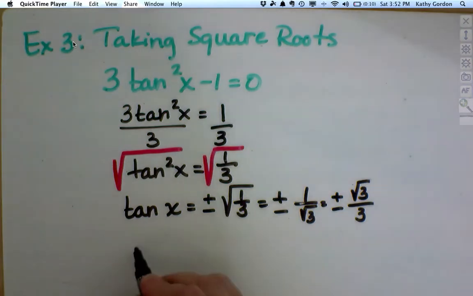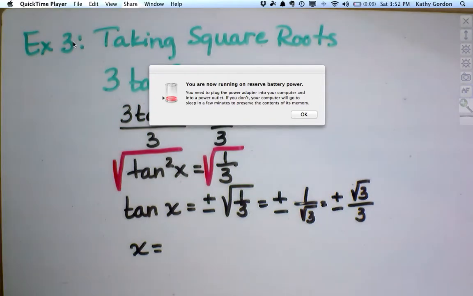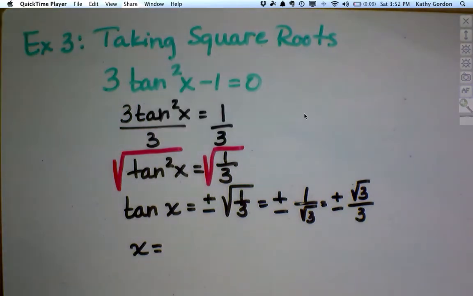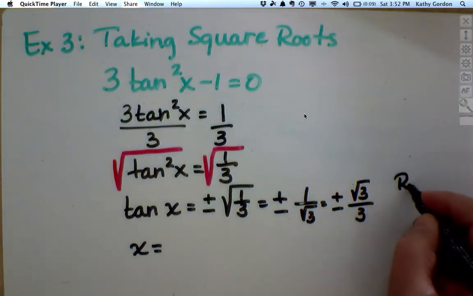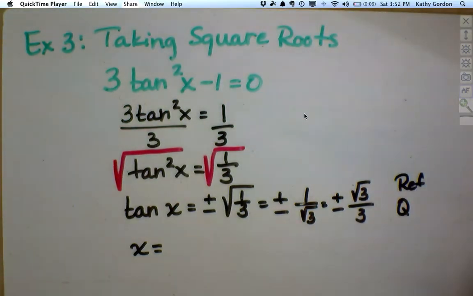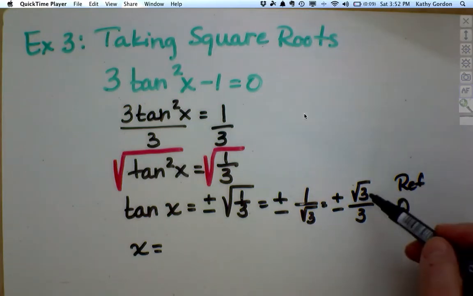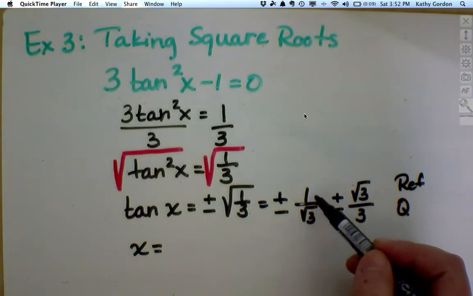All right, so now which values of x give us a tangent that is square root of 3 over 3? Well, again, we need to talk about reference angle, and we need to talk about quadrants. Which reference angle is this going to be? Well, if I want square root of 3 over 3, remember that came from 1 over square root of 3, and it's sine over cosine for tangent.